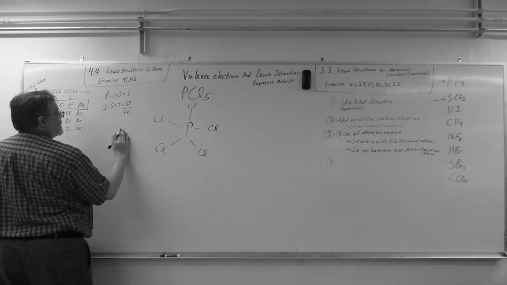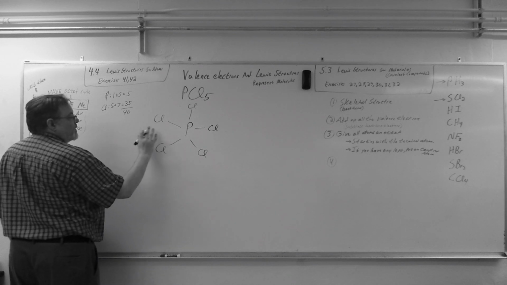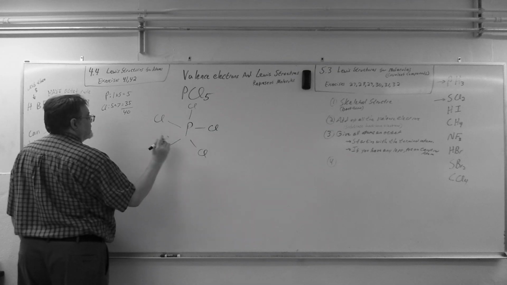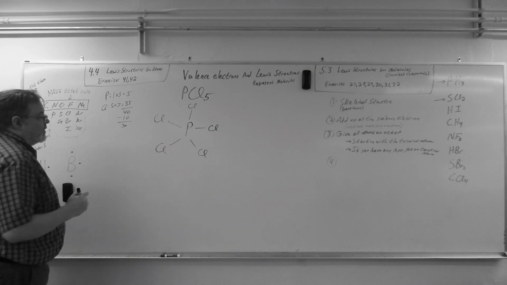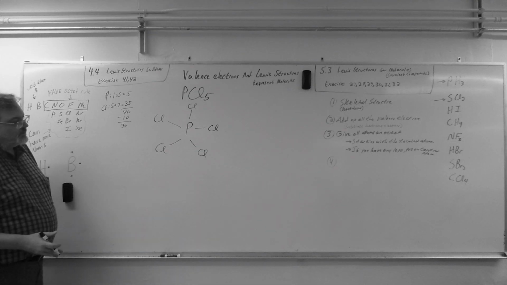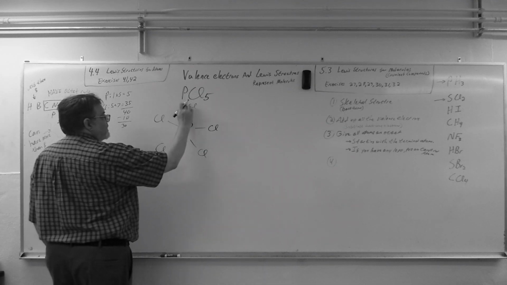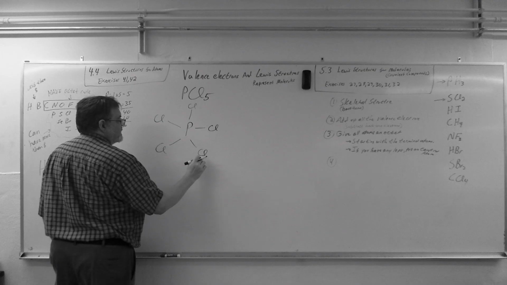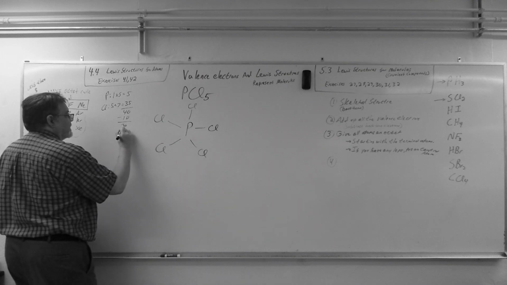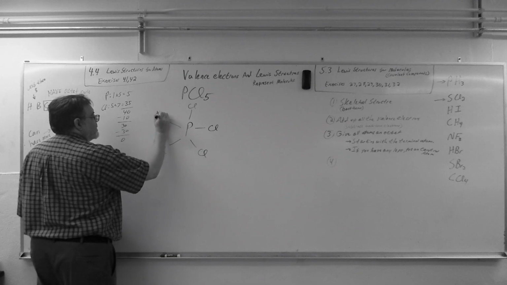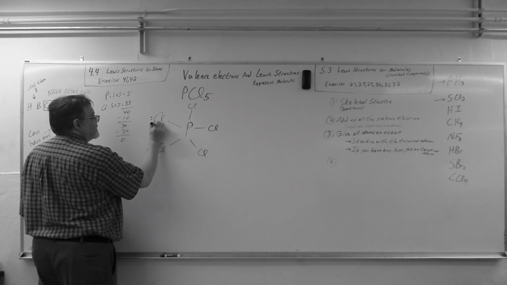So we have 40 total electrons to deal with. We've already used 2, 4, 6, 8, 10, so we're down to 30. We're going to fix the octets on the chlorines first. 2, 4, 6, 8, 10, 12, 14, 16, 18, 20, 22, 24, 26, 28, 30. That's going to do it. We're down to no more electrons, and that's going to be the structure.